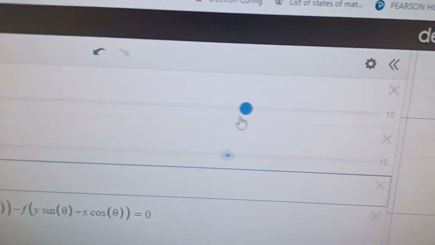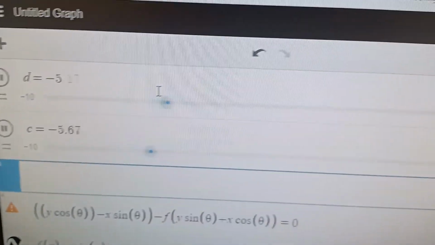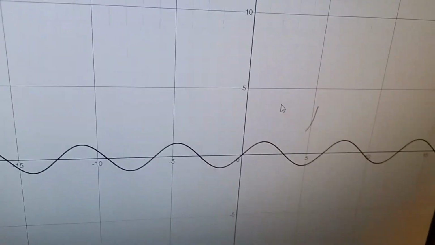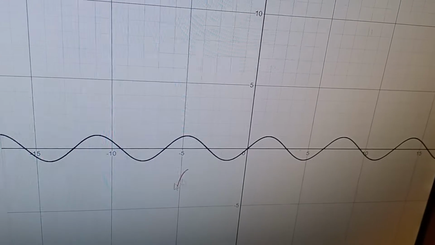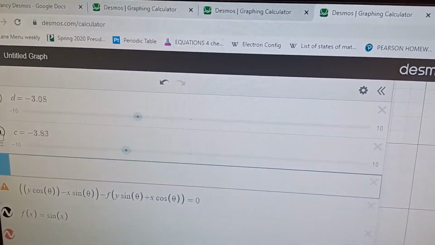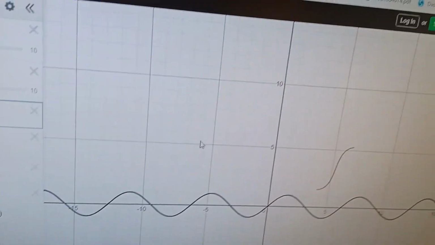You can see as they move, the difference between the C and D sliders is very small, and because of that, see that line moving? That's a very small line. If I try to make the difference a little bigger, there you go.